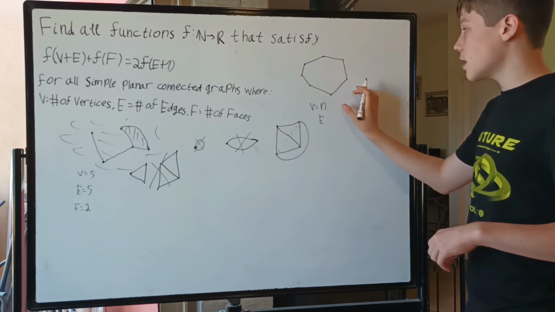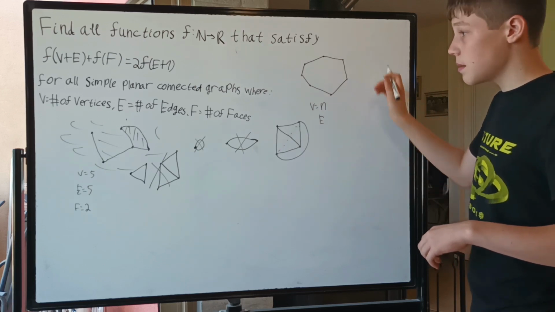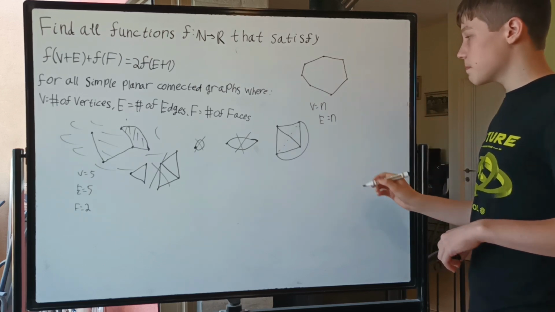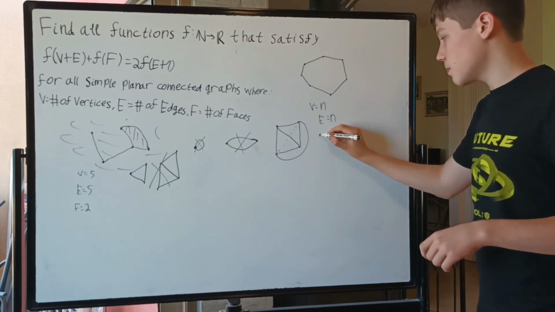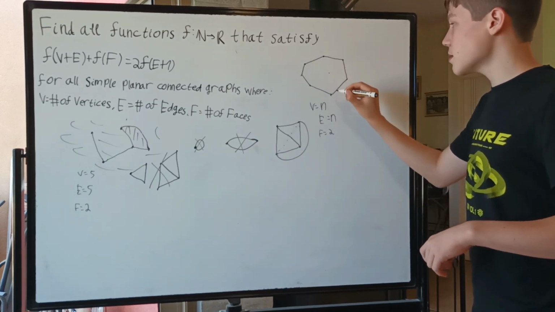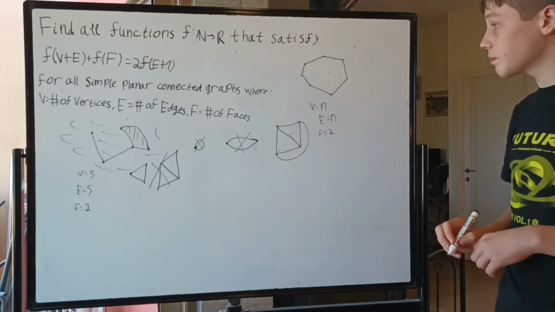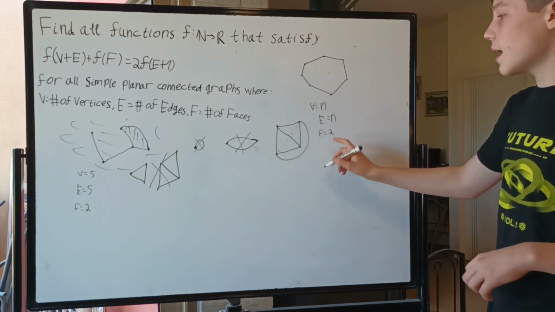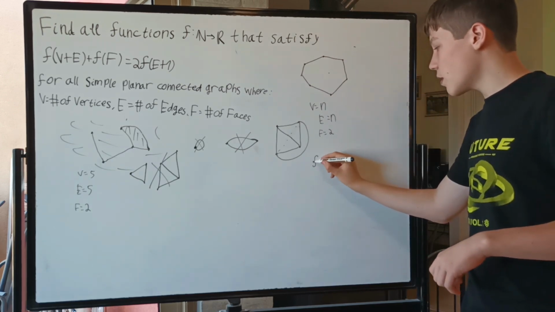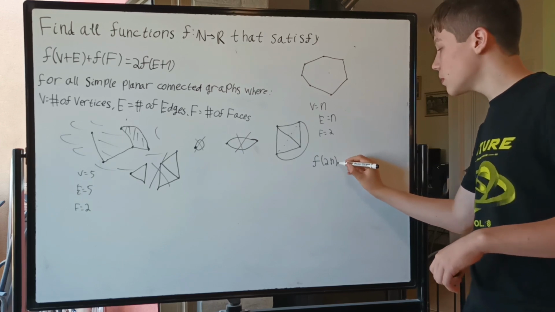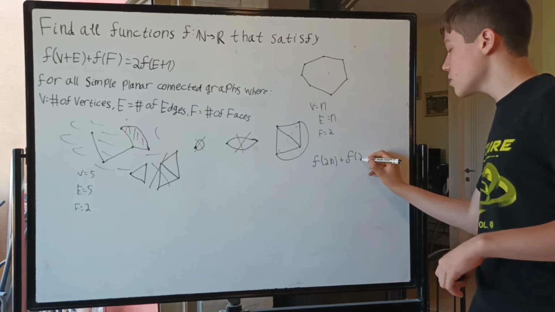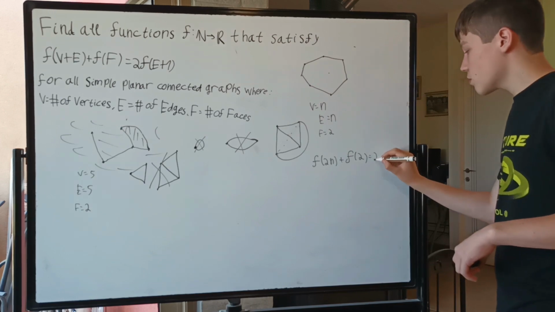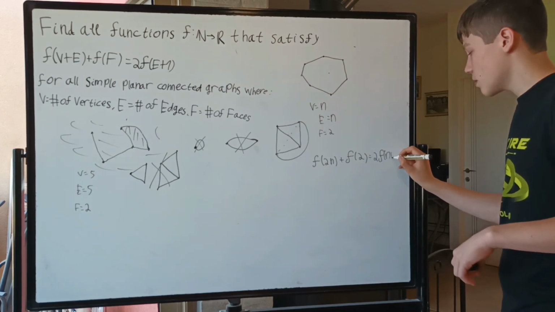The number of edges is also n. And the number of faces is 2, right? I have this on the inside and the one on the outside. So from this we get f(2n) plus f(2) equals 2f(n plus 1).